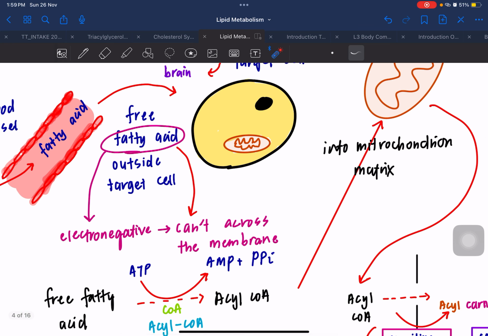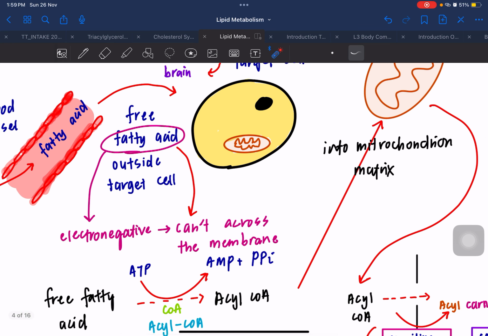So bila dia electronegative, it cannot cross the membrane of the target cell. So how kita nak activate, kita nak masuk ke dalam ni, from the extracellular space, kita nak masuk ke dalam intracellular space.